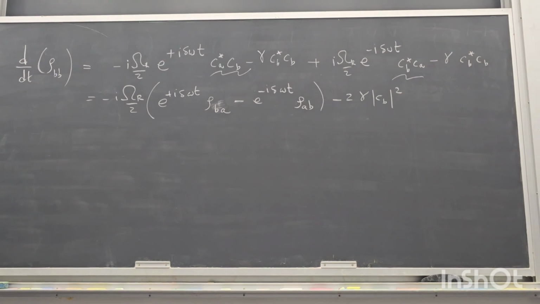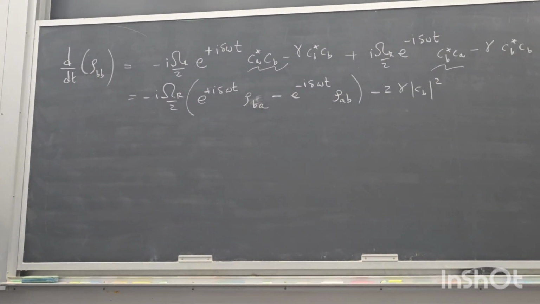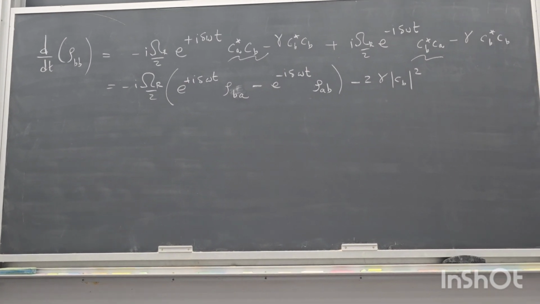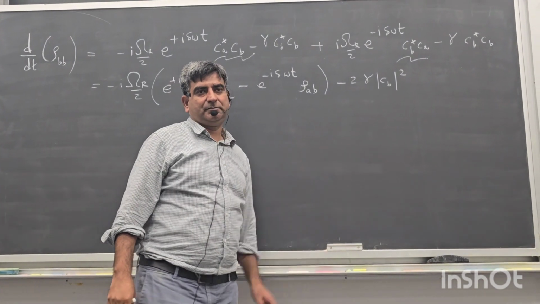Right? So notice that the amplitude Cb is decaying at the rate of gamma, and the population is decaying at the rate of 2 times gamma.